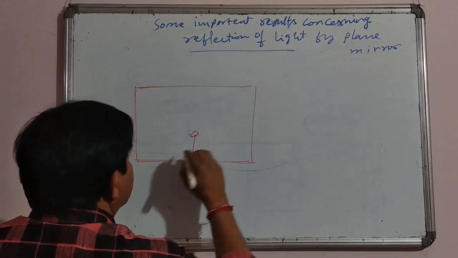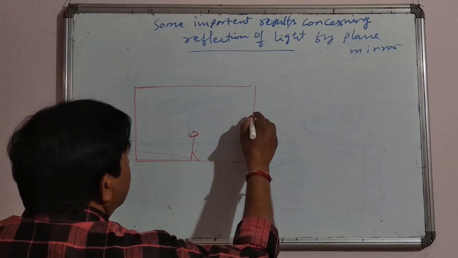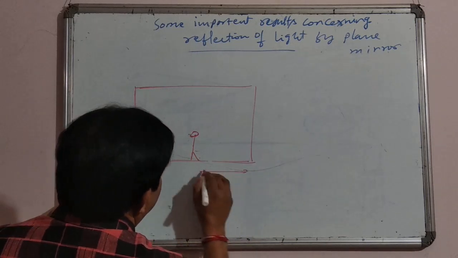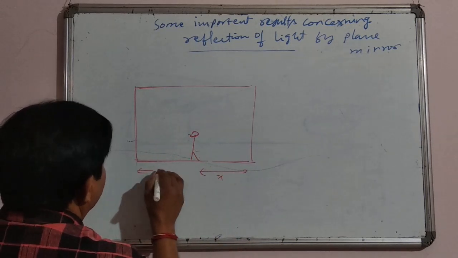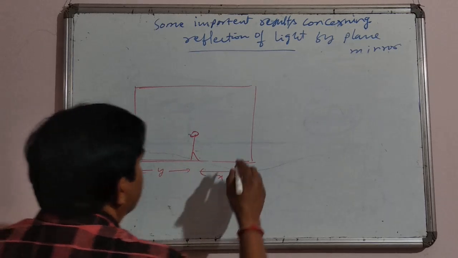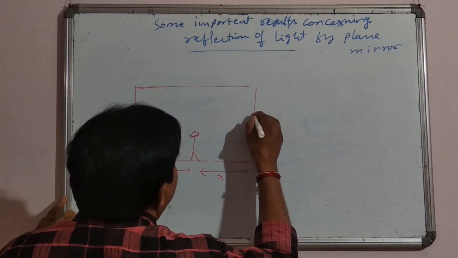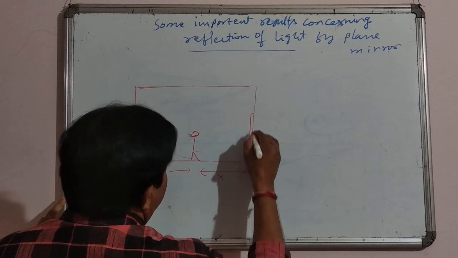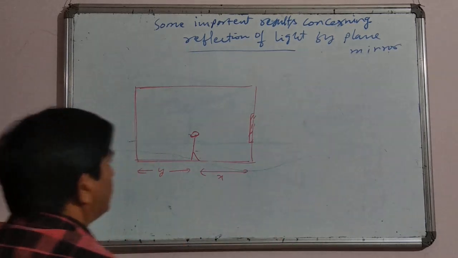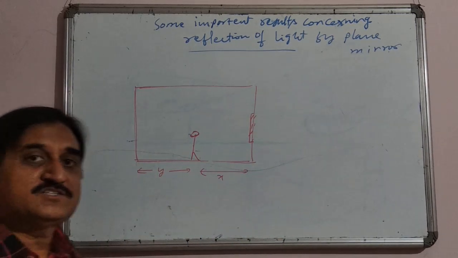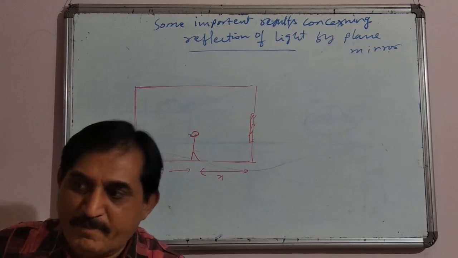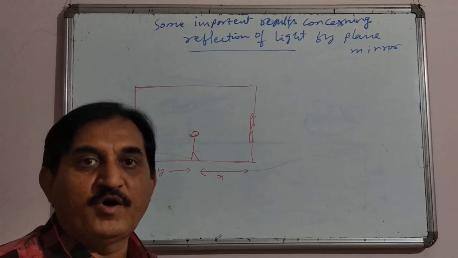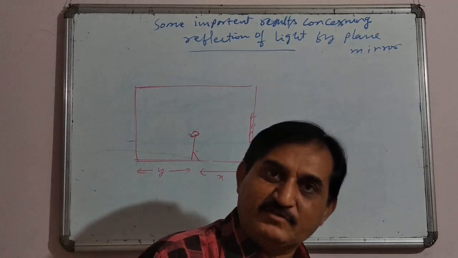From the front wall, he is at a distance of X, and from the rear wall at a distance Y. Now a mirror is hanging on the front wall. Now this person wants to see the full image of the back wall in this room. What will be the minimum height of the mirror required?